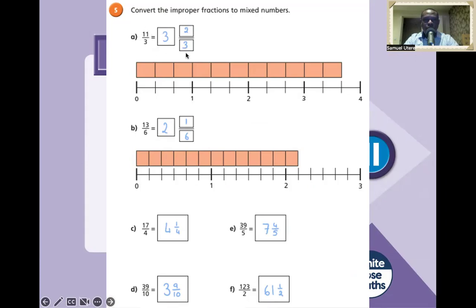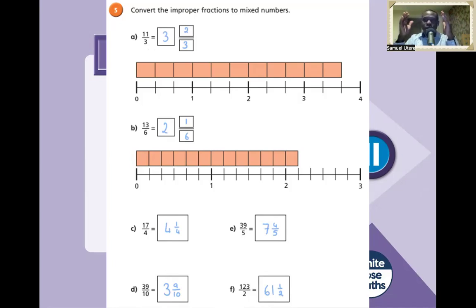So here, thinking about it, you say, well, we have 11 thirds. So how many thirds will I be able to get? If I have 11 thirds, how many of those groups of thirds will give me a whole? Every 3 groups of thirds will give me a whole. So I can have a group of thirds, another group of thirds.